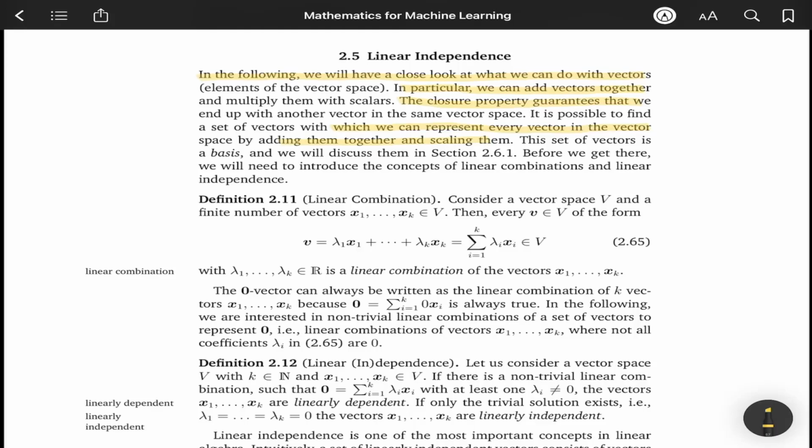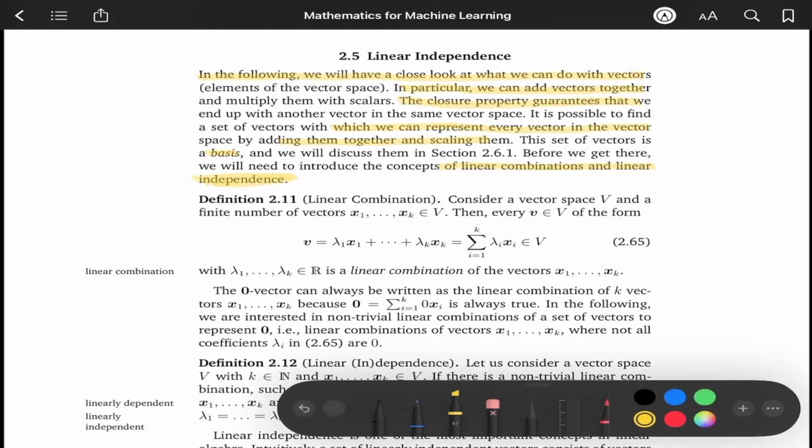This set of vectors is a basis, and we will discuss them in section 2.6.1. Before we get there, we will need to introduce the concept of linear combinations and linear independence.